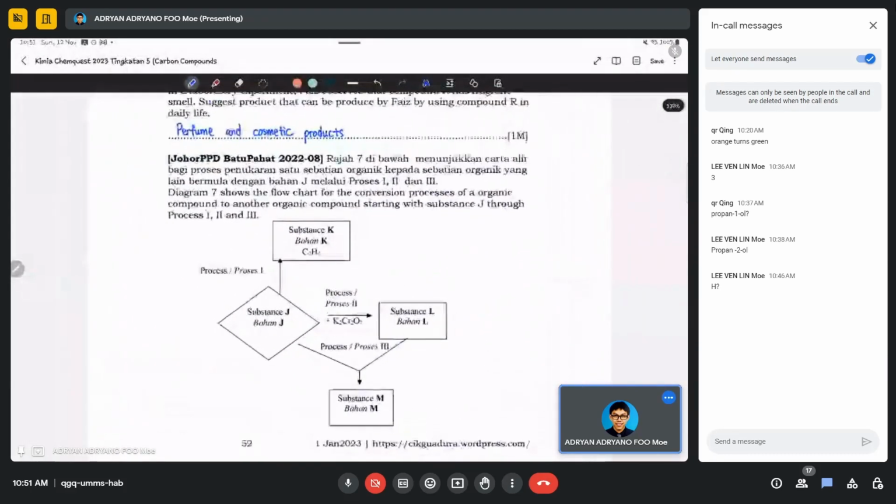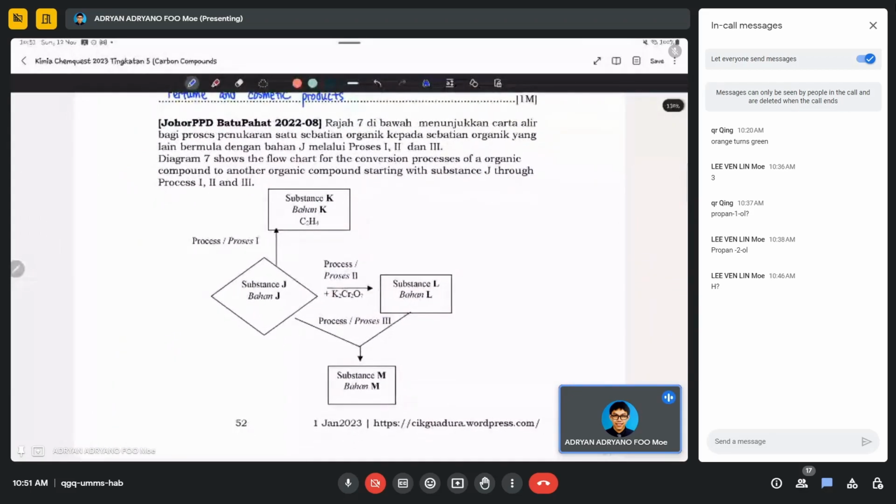OK, ni susah lagi。Diagram 下面 shows the flow chart of the conversion of an organic compound to another organic compound, starting with substance J through process 1, 2 and 3.